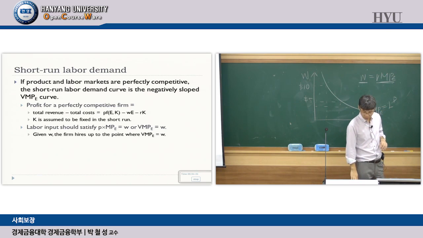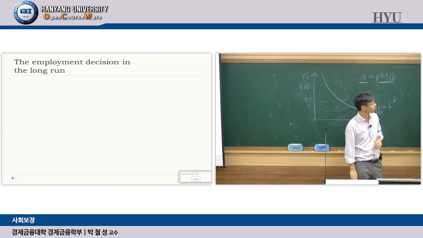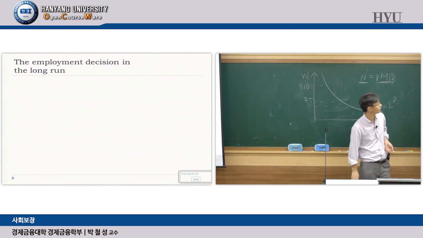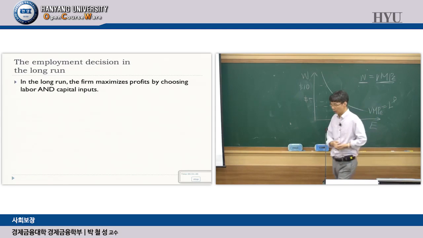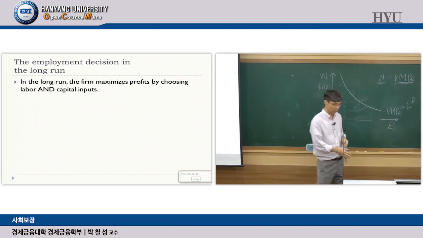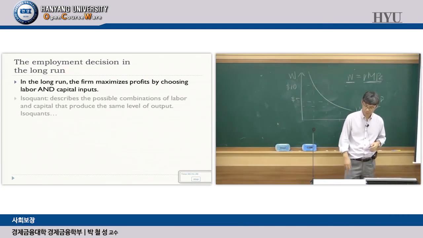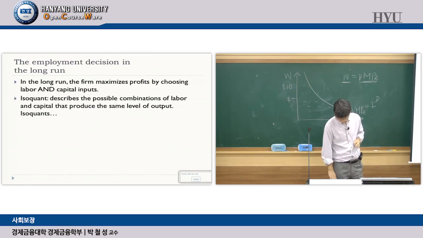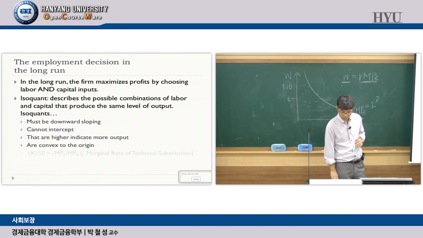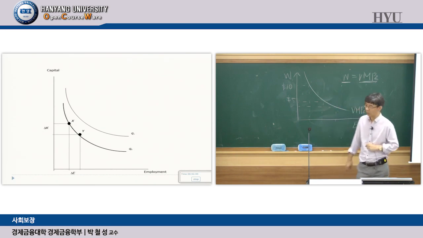That's the short-term side. Now, what is more interesting is the long run side. Let's think of the long run. In the long run, this firm can change labor input and capital input. To think of this, we're going to introduce the concept of the isoquant curve.